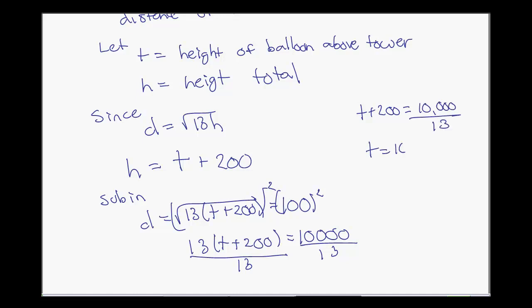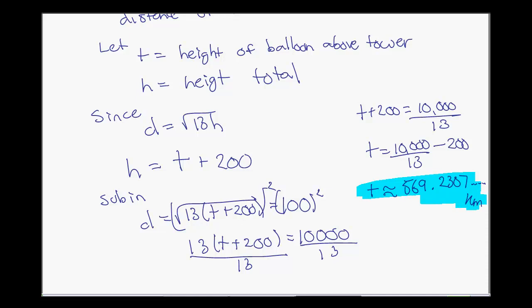Solving for t, we get 10,000/13 − 200, and t is approximately 569.2307, etc. kilometers. Hence, the balloon is about 570 kilometers above the tower.